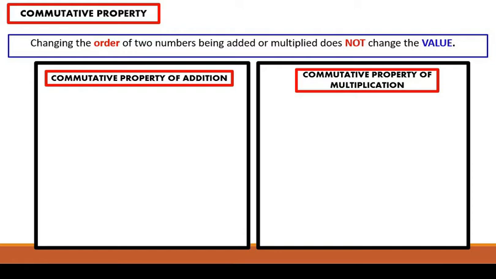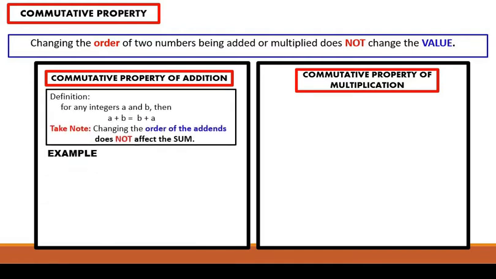The commutative property states that changing the order of two numbers being added or multiplied does not change the value or the answer. Example, okay, when we add two numbers and we swap the position of those two numbers, it does not affect the sum. Okay, for addition.